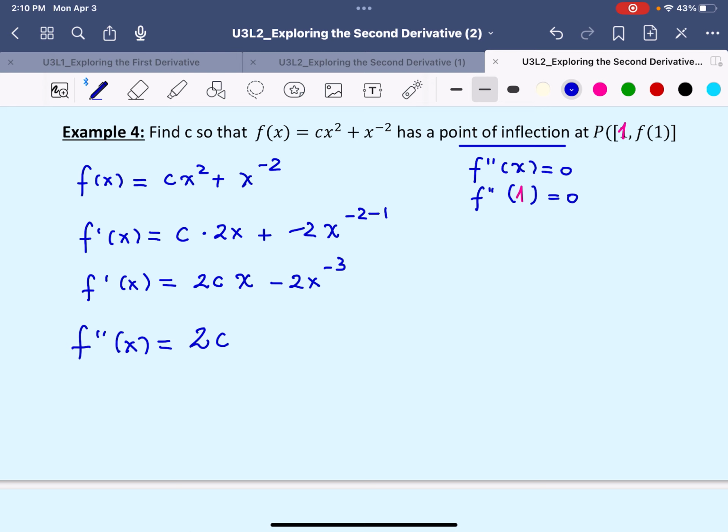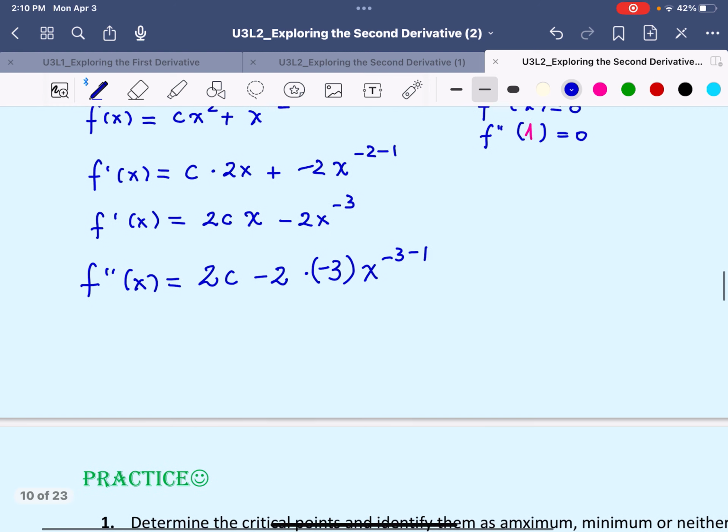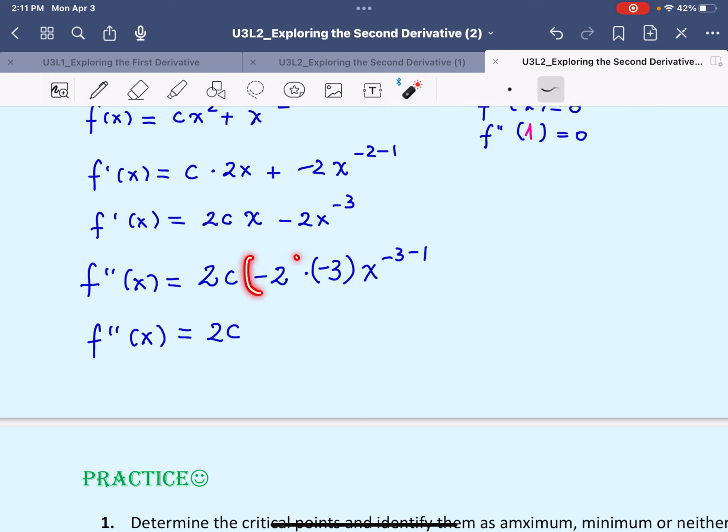The derivative of negative 2x to the power negative 3 will have the coefficient negative 2, and then we'll multiply by coefficient negative 3, so the exponent becomes a coefficient of x, and the exponent of negative 3 will be decreased by 1. So simplified, we have 2c, and negative 2 and negative 3 can join each other. They will give a product of 6, and then x to the power of negative 4.